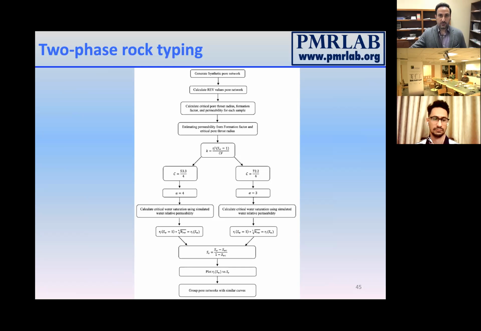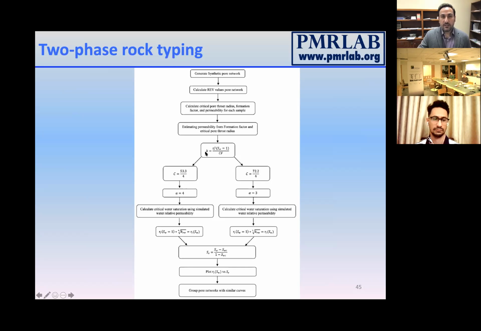So what we needed to do next was figuring out which C value should be used. And that C value would tell us what alpha should be used, because at the end of the day, we're going to convert water relative permeability curves into critical pore radius curves.